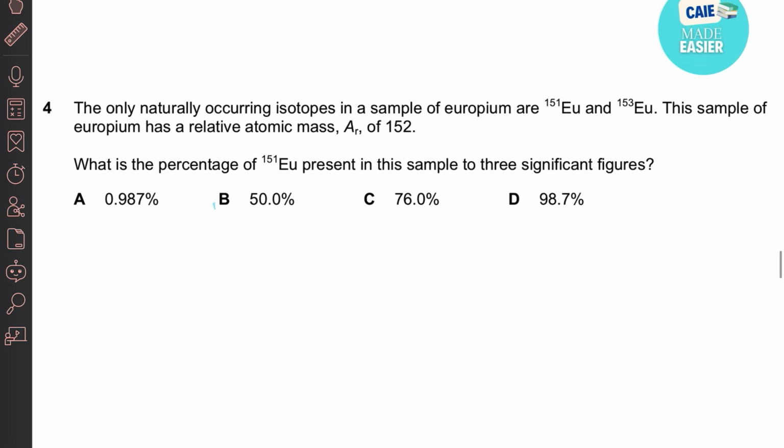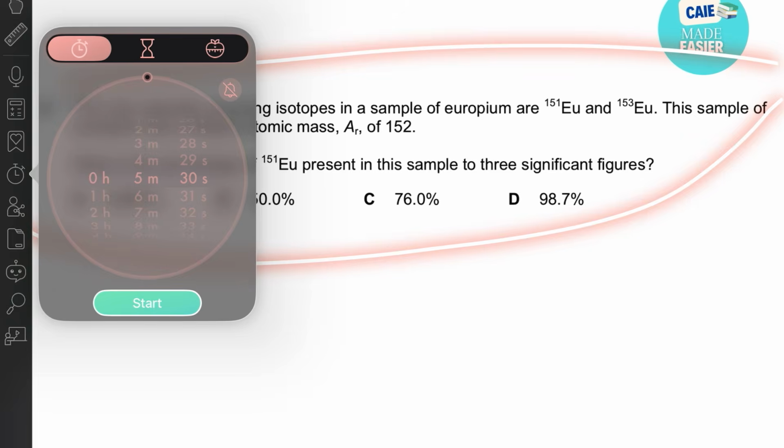Moving on, the only naturally occurring isotopes in the sample of europium are Eu-151 and Eu-153. This sample of europium has a relative atomic mass, Ar, of 152. What is the percentage of Eu-151 present in the sample to 3 significant figures? So in order to solve this question, we can apply a little bit of logic.